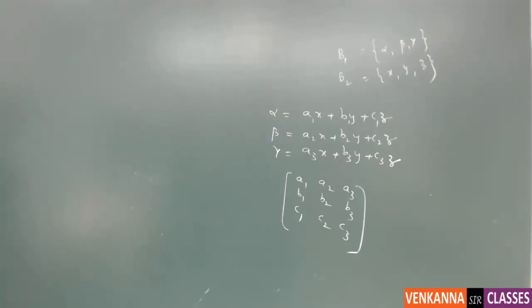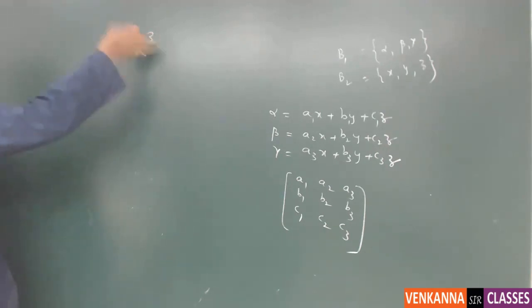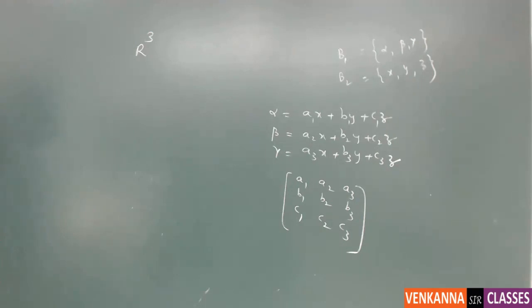So if you take R cube, the vector space, it may have so many bases. Whatever the basis you consider, the number of vectors are fixed. So if you take the first basis, it contains 3 values only. For second basis, 3 values, third basis, 3 values, and so on.